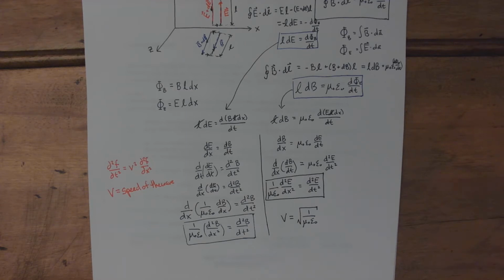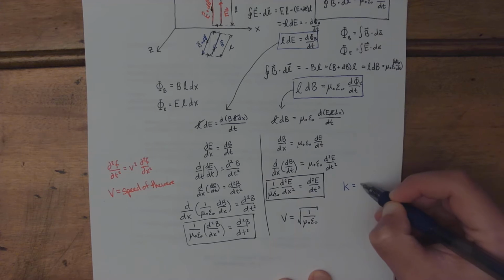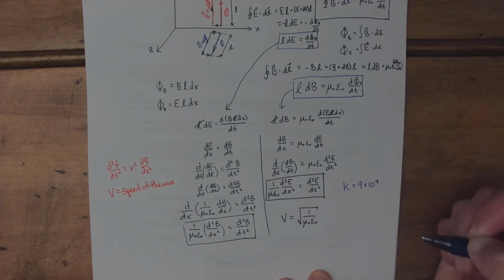Okay, now I want to figure out what that is, and we haven't really used epsilon naught that much, but we have related it to the constant k. So the constant k, which is equal to 9 times 10 to the 9th, I think I'll leave the units out and just trust that they work out.